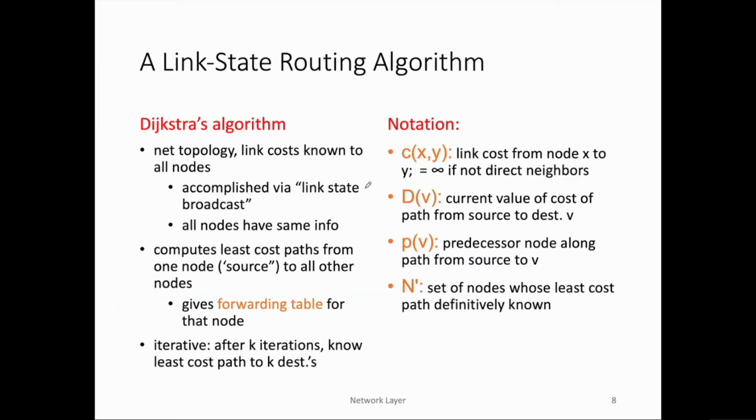So let's talk about the first class of algorithms, called link state routing algorithms. As we have discussed earlier, link state routing algorithms are global in nature. Means here every router has complete information of the topology; a router knows how to reach all the other routers in the network, right?